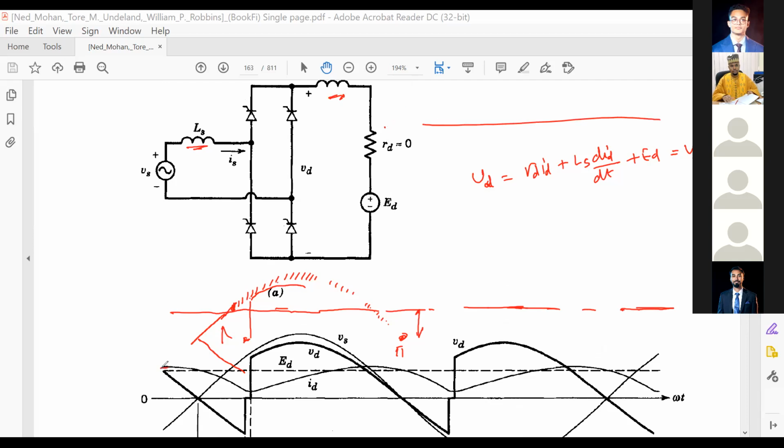Look here, the current wave shape is like this. We'll tell you why the current shape is like this. And if the current is not constant, then there will be a drop, right? So write down the Kirchhoff voltage law. VS will be VLS plus VD. Am I correct or not? VD must be equal to VS minus VLS. Right or wrong?